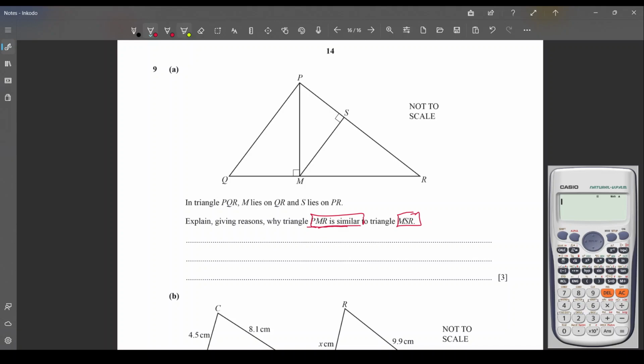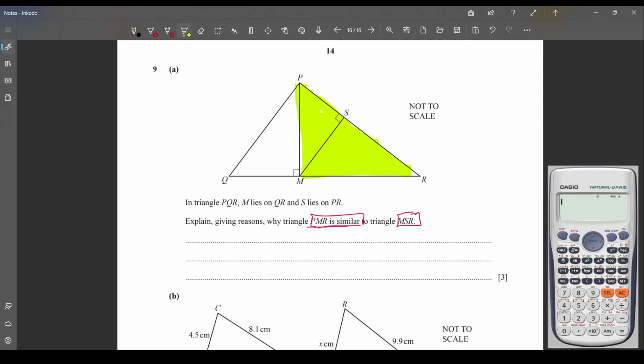Triangle PMR is this one, the whole triangle, and we have to prove this triangle is similar to the other triangle, that is this one.